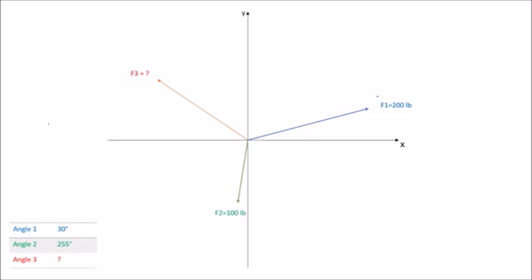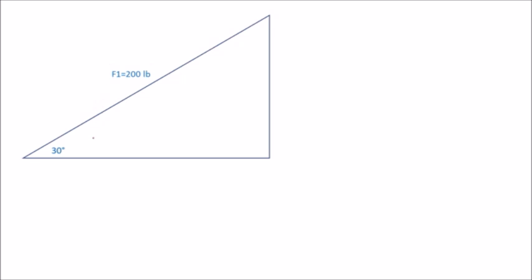We're going to start with our F1 here. So we have our angle of 30 degrees from the horizontal, and we have our 200 pounds acting at that angle. And then, of course, we've made a right triangle here with the x-axis. If you remember thinking back to high school trigonometry, we can find this side length, which we'll call Fx, using our trigonometric relations.